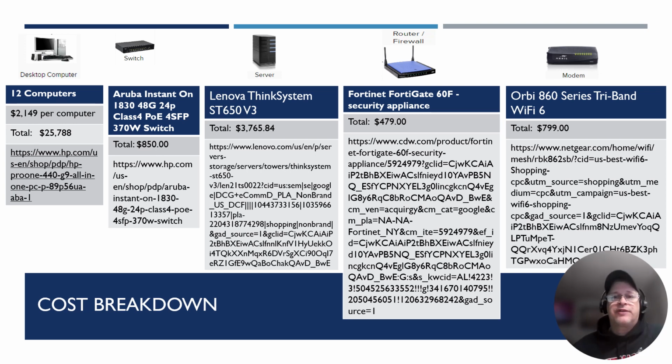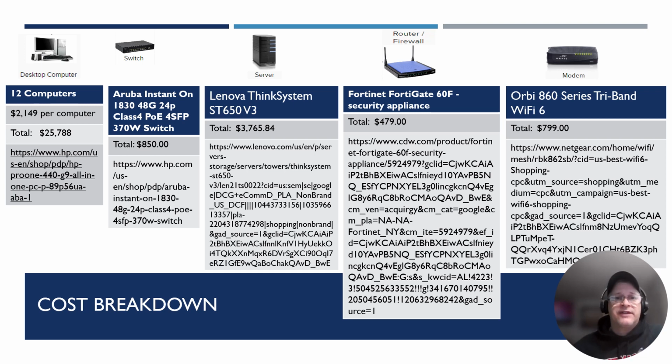With that in mind, you'll see that the cost involved with the HP computer system totals $25,788 for 12 computers. That's a cost of about $2,149 per computer. The switch runs $850, while the server runs $3,765.84, and the firewall cost is $479.